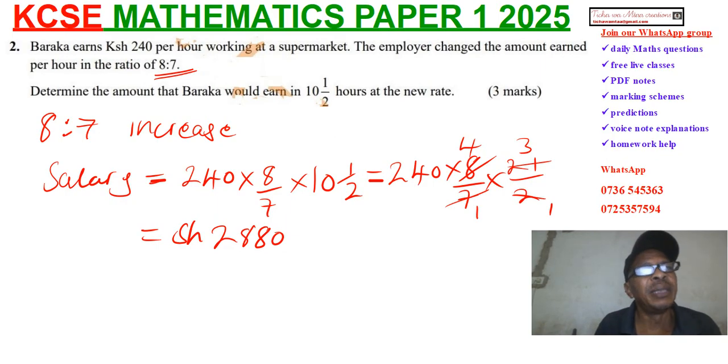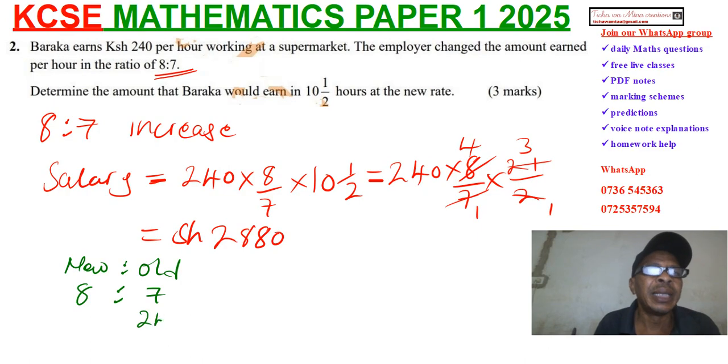Alternatively, you can say new versus old. So you can say the new is 8 and the old is 7. So if the old is 240, what will be the new earnings of Baraka?